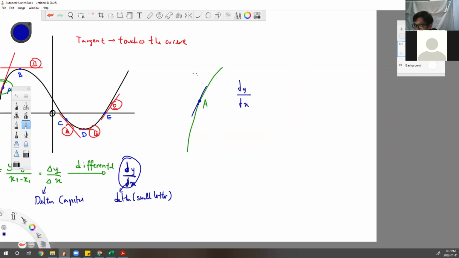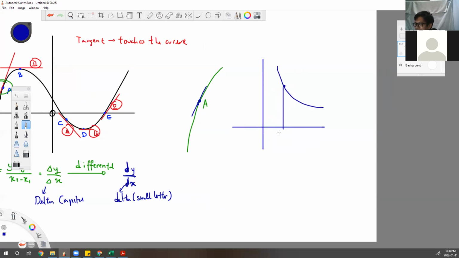So for example, I pick one point here. One point is x a, comma, y a. Wait, I think I need to draw another one so you can see properly. There are two near points here. So I just pick like this.